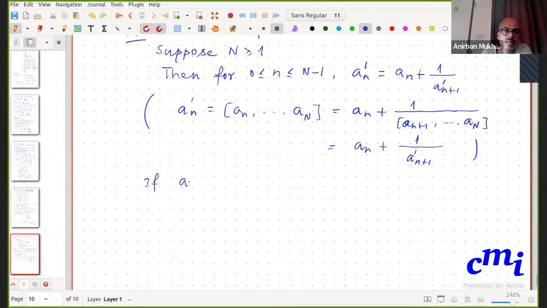Now, if a_(n+1)' is equal to 1, then this has to be the last entry. You can't proceed anymore. So n plus 1 should be equal to N, and a_N is also 1.